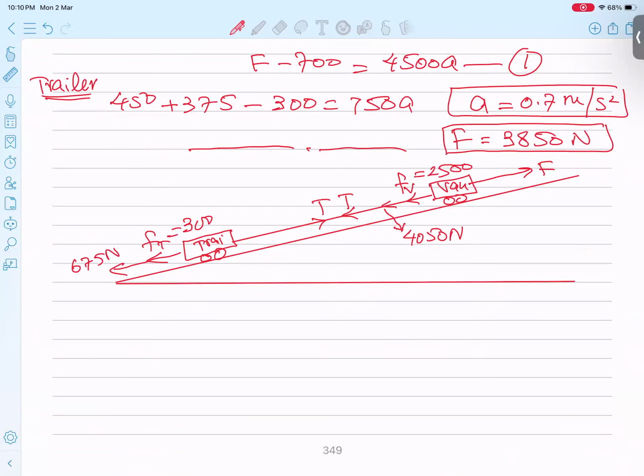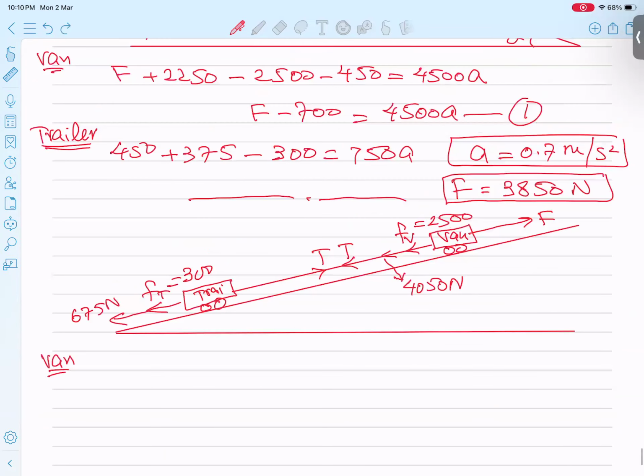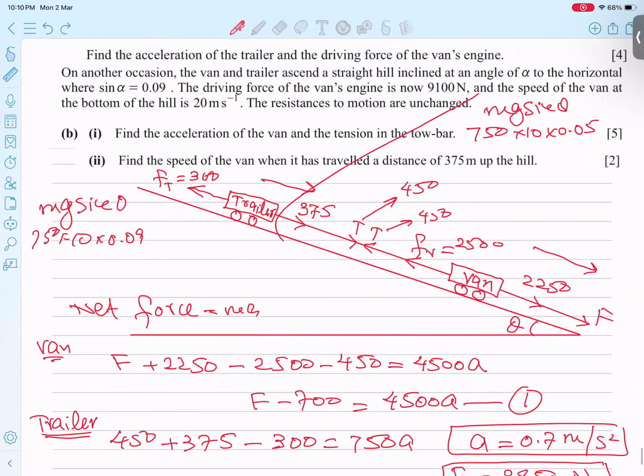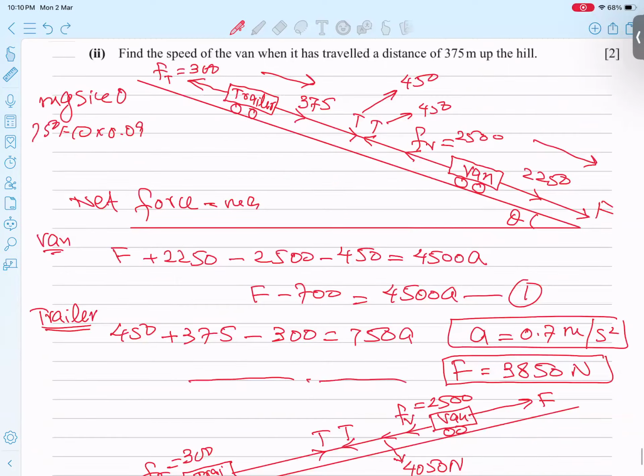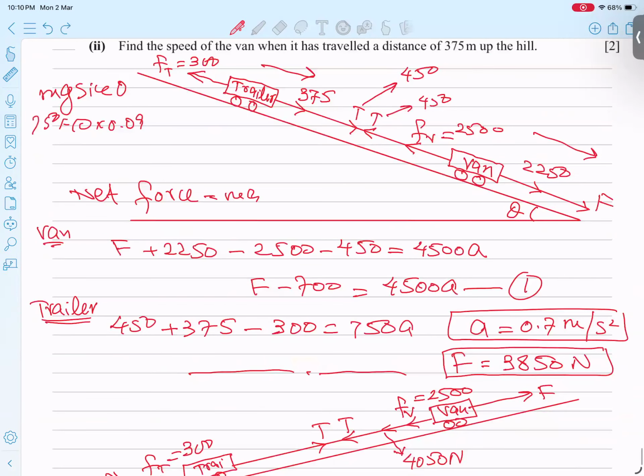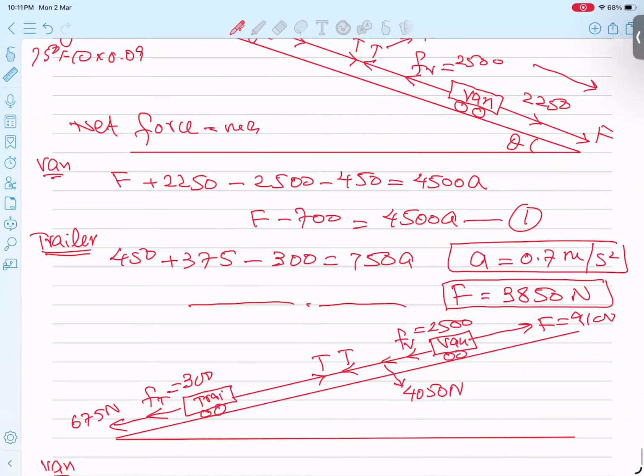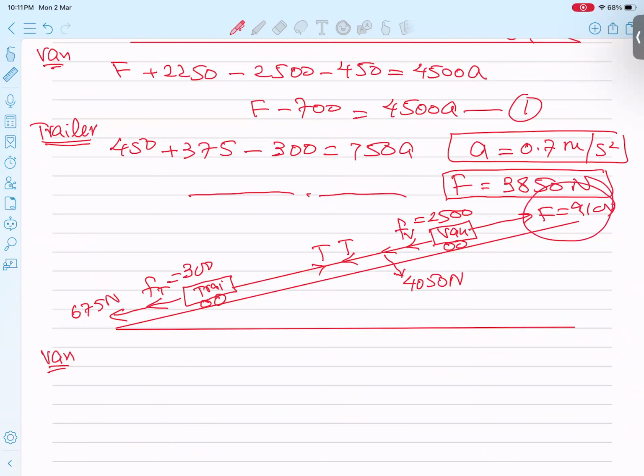Now students, everything is very clear. We are going to make two equations, one for the van. Let's start. Applied force is given, I think. So let me check. Yeah, 9100. So let's start. I can start from here: this minus this minus this minus this.